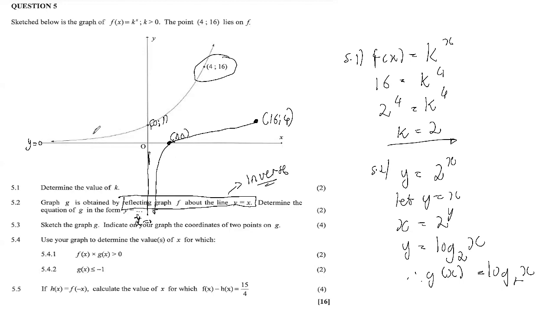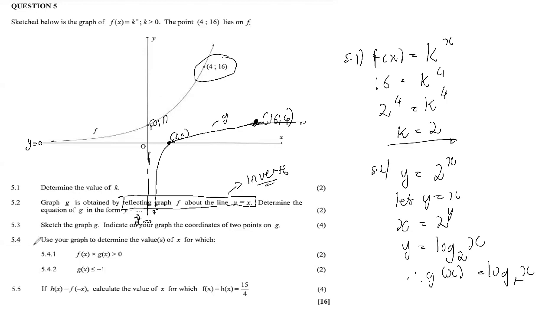So note that: the asymptote of the exponential graph is y is equal to 0, but the asymptote of the logarithmic graph now will be x is equal to 0. And just like that, you have your graph of g of x. So we can indicate this one as g.